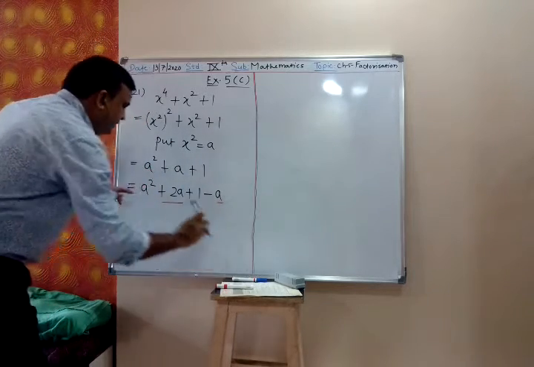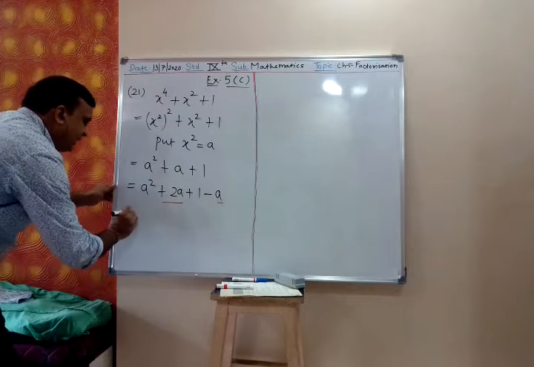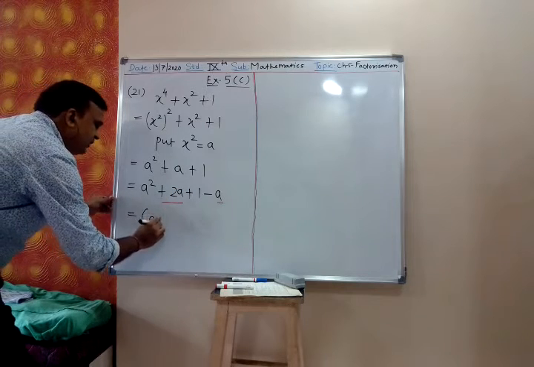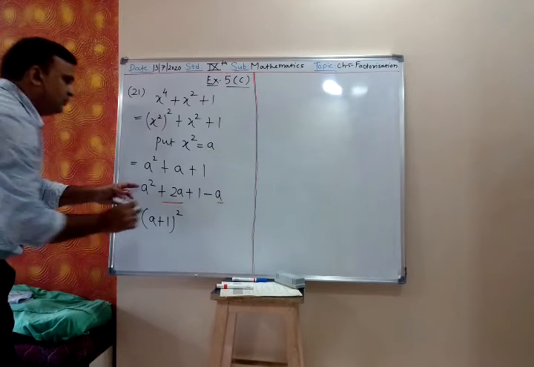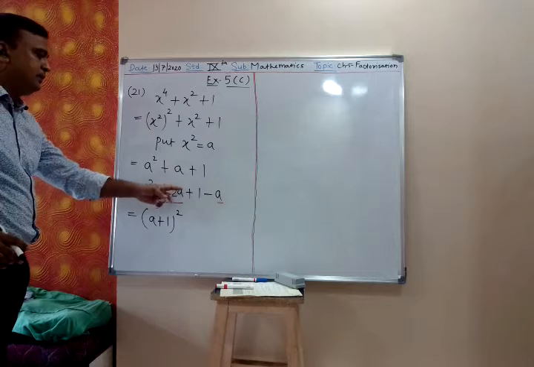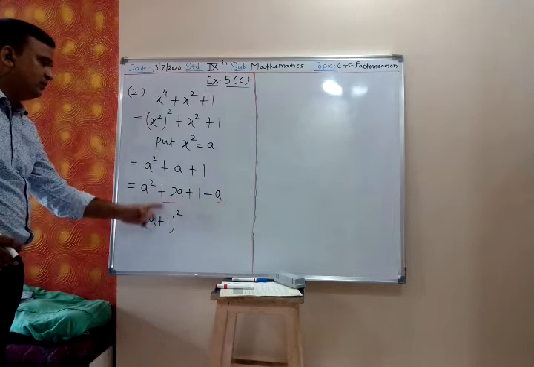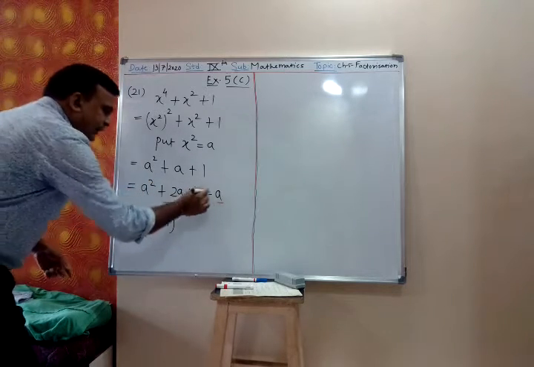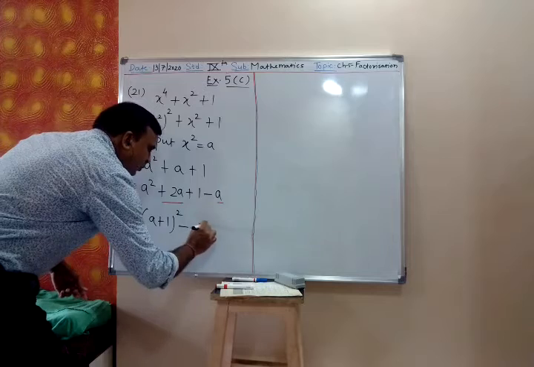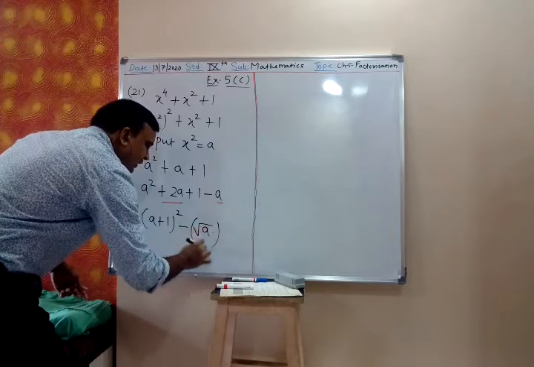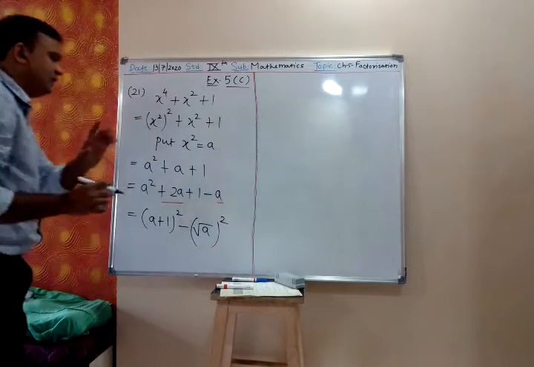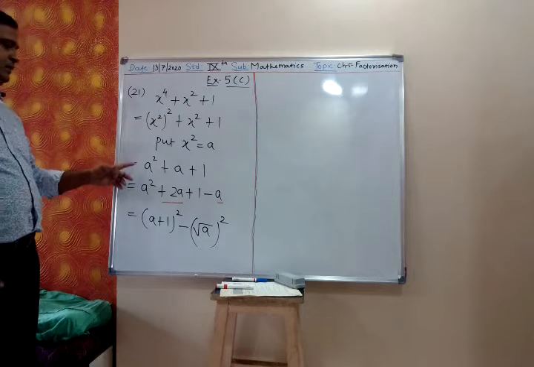So that a square plus 2a plus 1 I can write as a plus 1 whole square. Yes or no? A square plus 2ab plus b square is nothing but a plus b whole square. And minus a I can write as root a square. Understood?